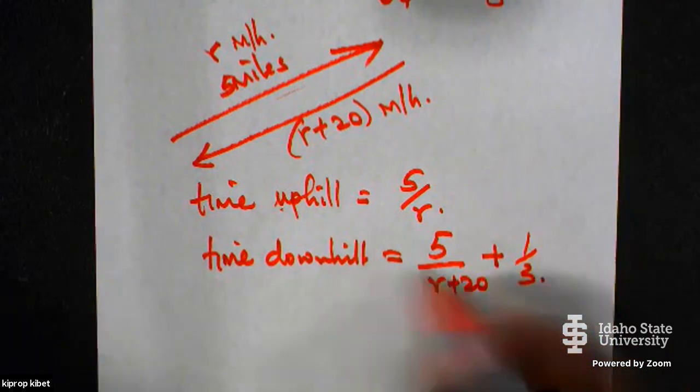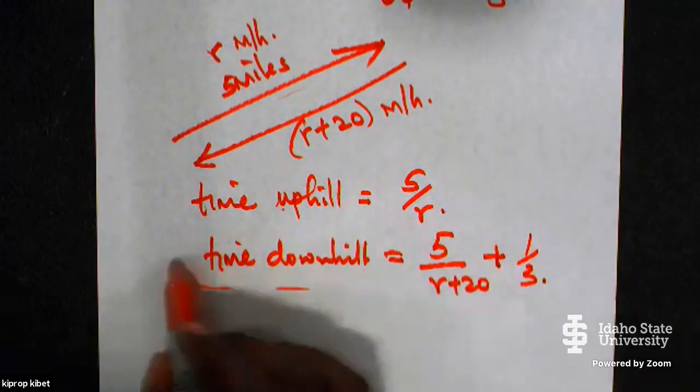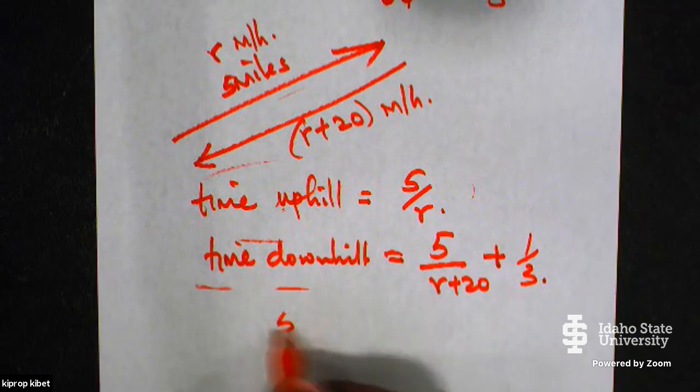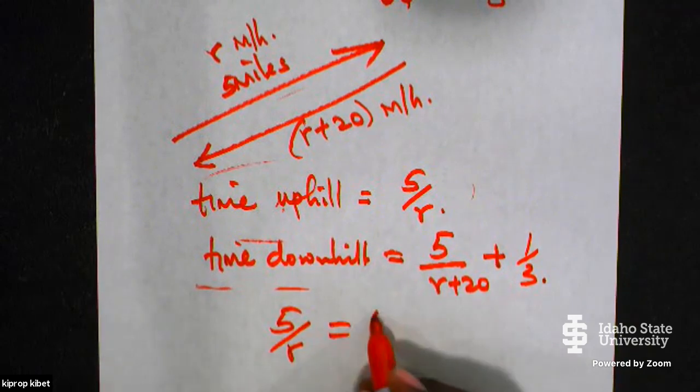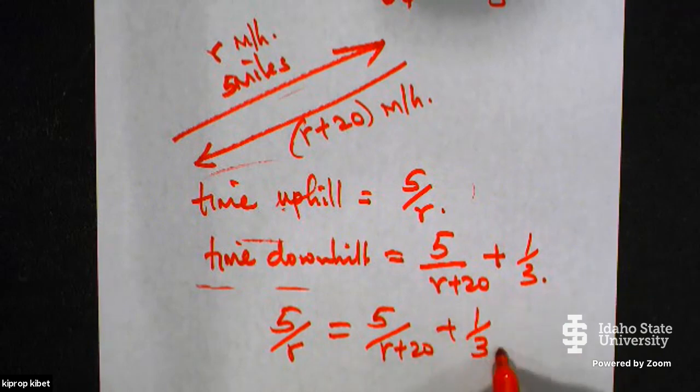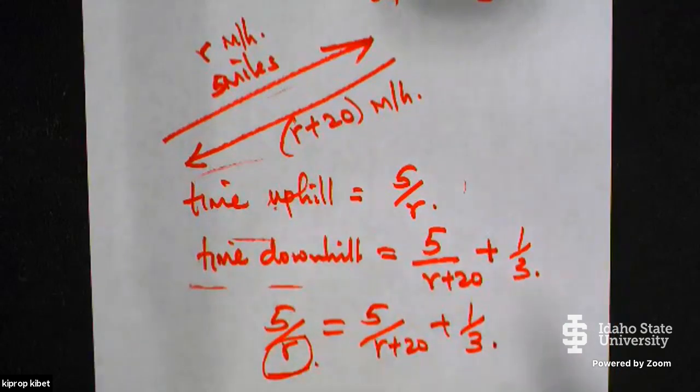This time is equal to this, so you equate them: 5 over R equals 5 over R plus 20, plus 1/3.